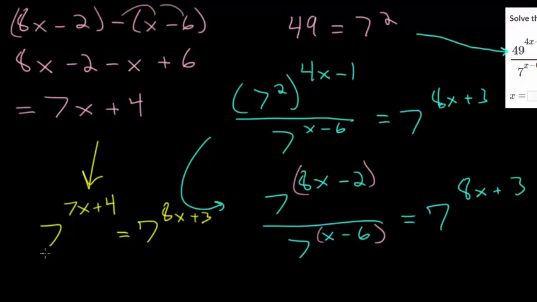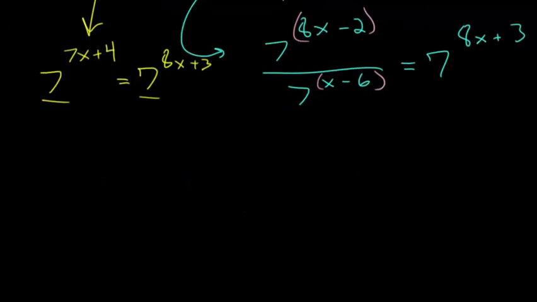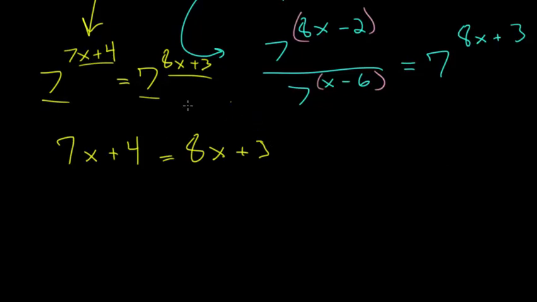And now that their bases are the same, we're going to set the exponents equal. So we have that 7x plus 4 is equal to this 8x plus 3. And let's solve here. So let's subtract 7x on each side. So you get the 4 is x plus 3. And subtract 3 on each side, we get 1 for x.